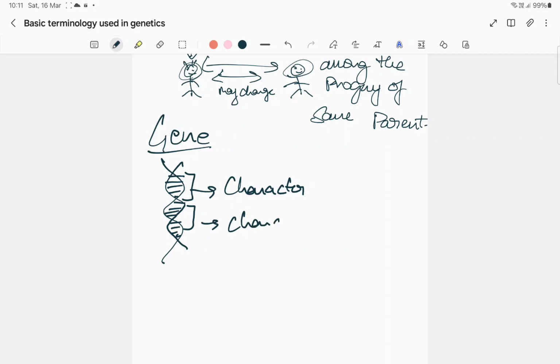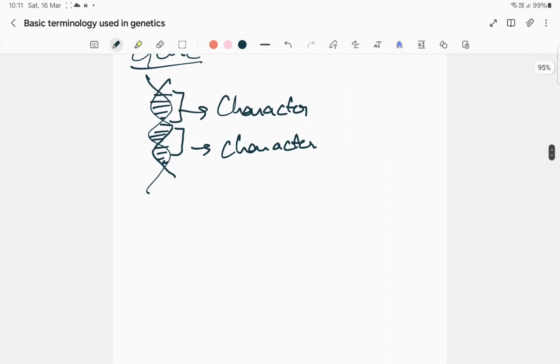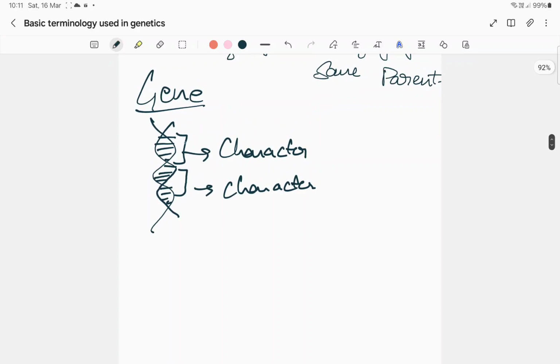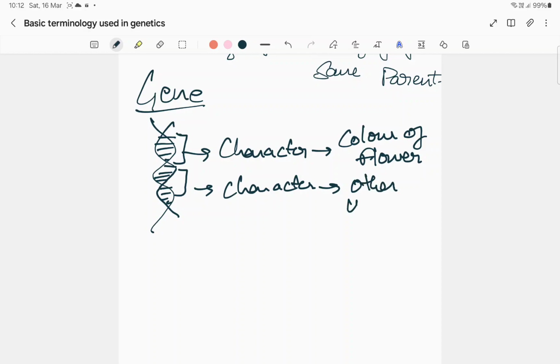Another part also governs another character, right? For example, this governs the height of the plant or color of flower, and this governs some other character. This type of governance by this type of nucleotide sequence, this part is called a gene. This gene generally governs one character.